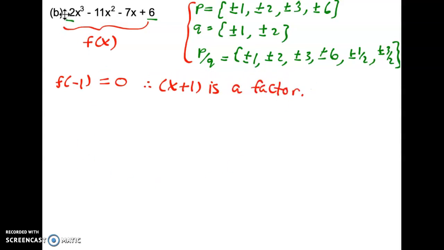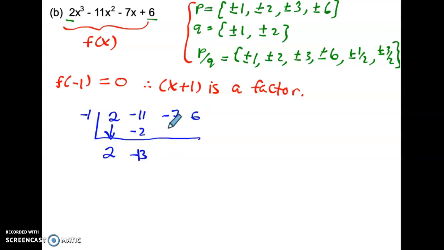And I don't need to see all the steps of you plugging in the numbers, because you're probably going to be doing that on a calculator. Now that we know what the factor is, we're going to divide out that factor. Using synthetic division is the easiest way to do this. Remember, we just write our coefficients up top, add down, multiply up.